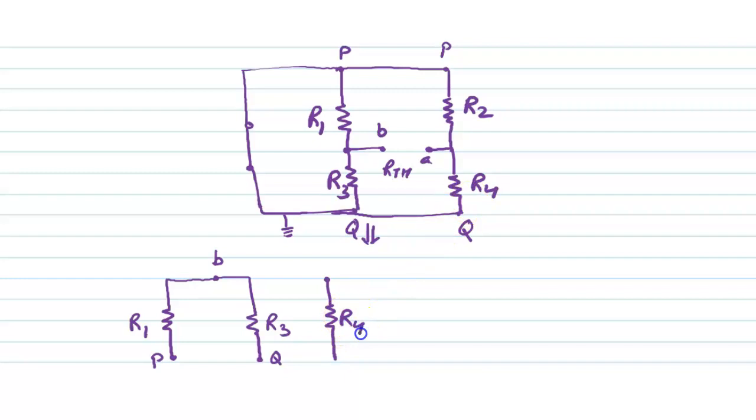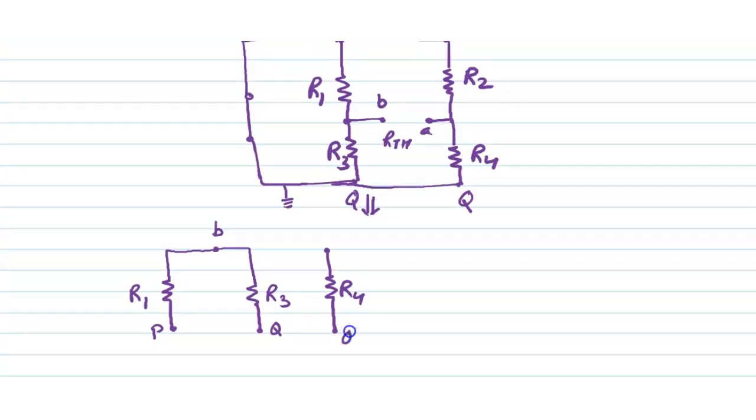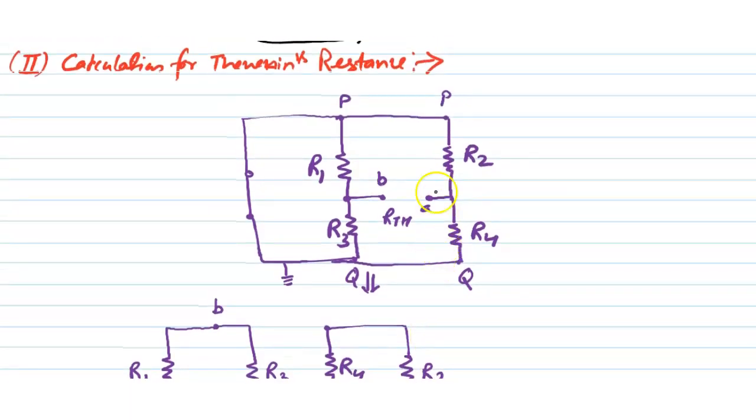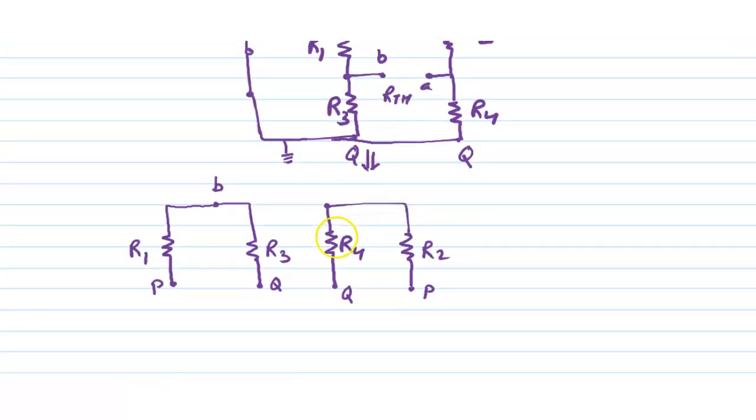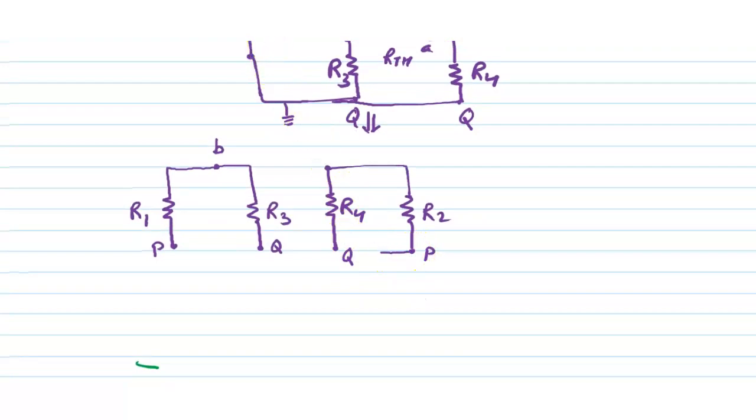This is connected to R4, and this is Q, and there is another point here, this is R2, and this is P. Because P and Q are short circuited to each other, they are connected to each other, and these are the terminals A and B. We have to find the resistance here. These two resistances are in parallel, and these two resistances are in parallel.